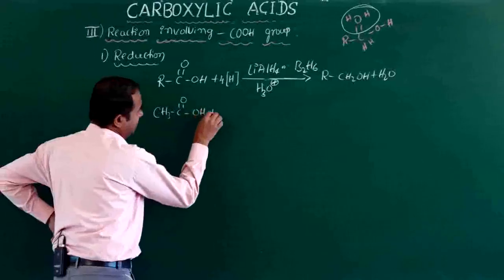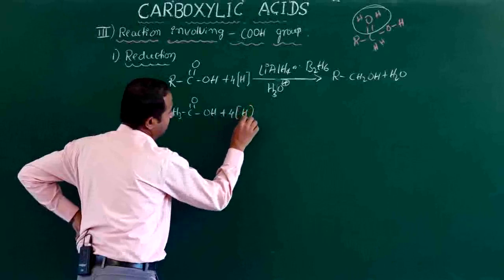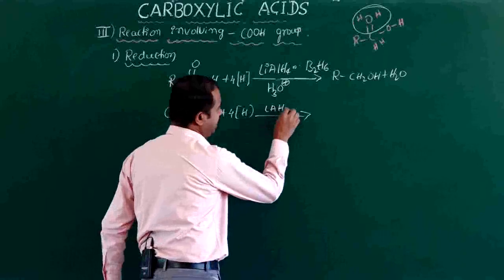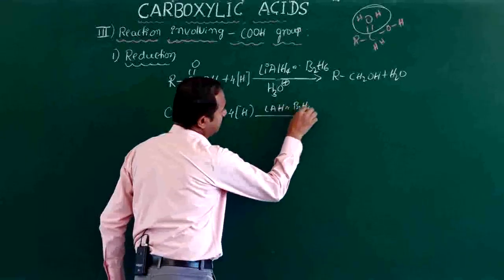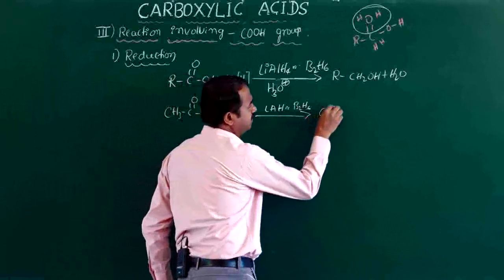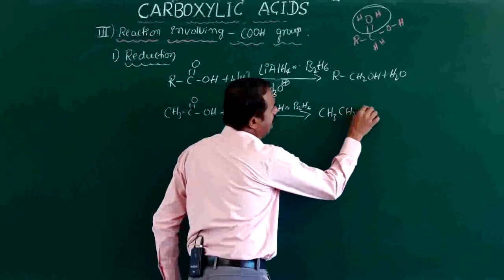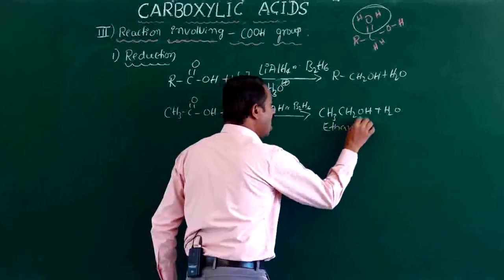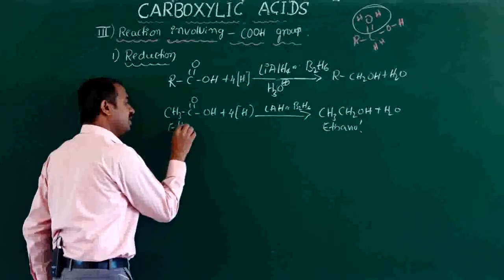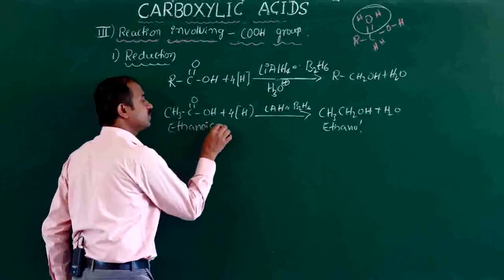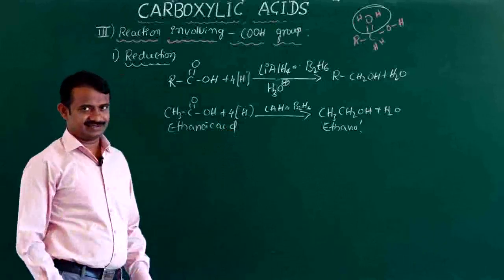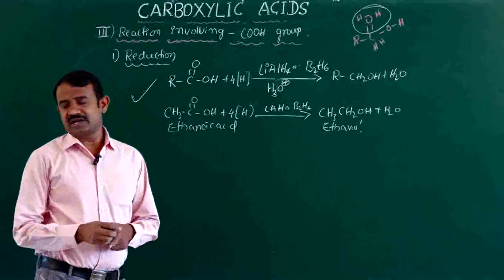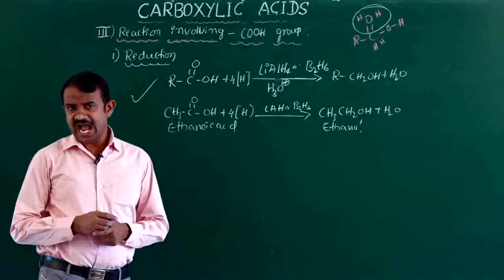Acetic acid is reduced with lithium aluminum hydride or diborane to form ethyl alcohol. This is ethanol or ethyl alcohol. This is ethanoic acid or acetic acid. This is one of the reactions of carboxylic acid.